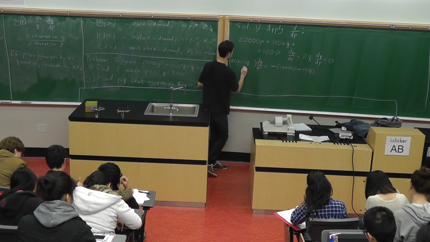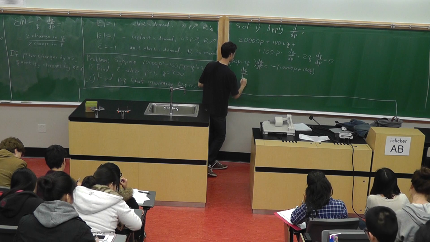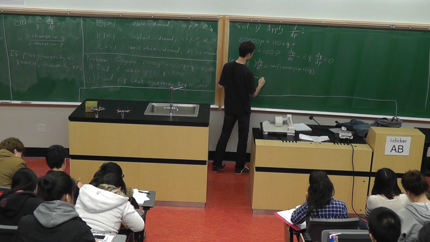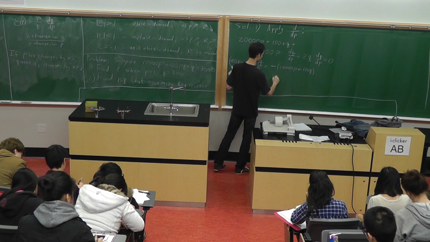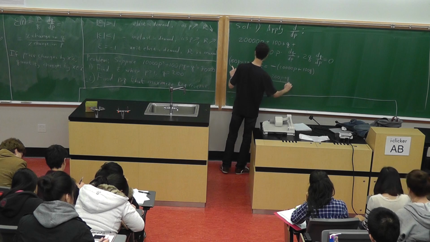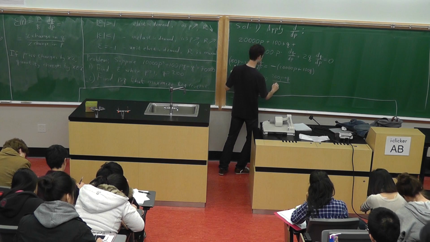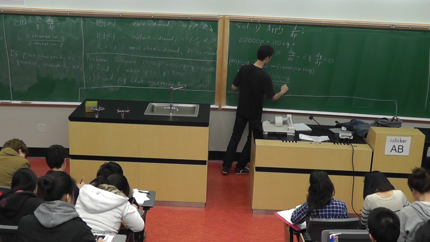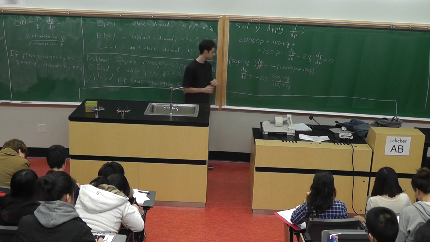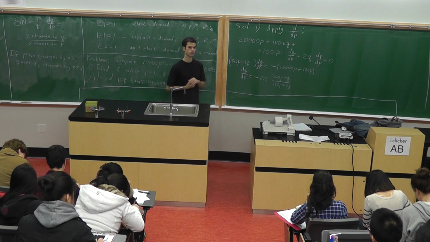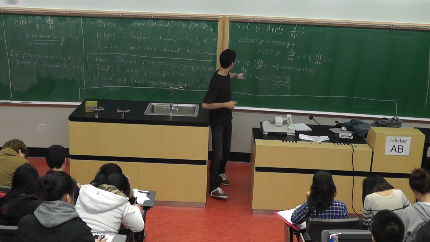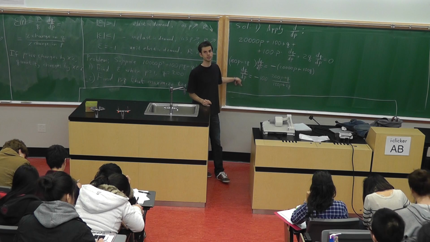So dq by dp is minus, let me factor out 100, 200p plus q over 100p plus 2q. So we completed the first step, finding the derivative of q with respect to p.